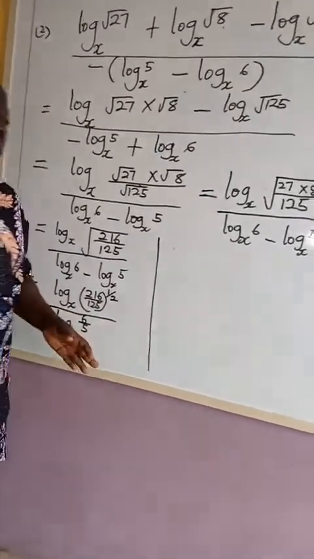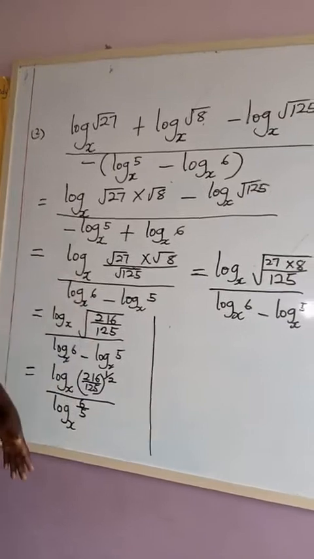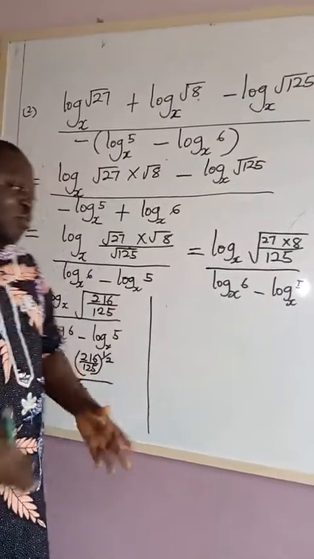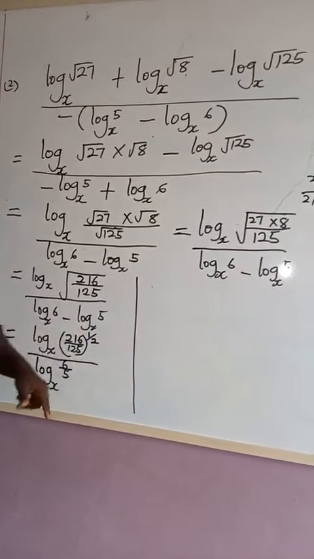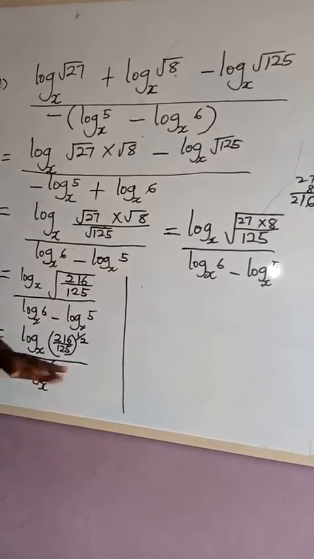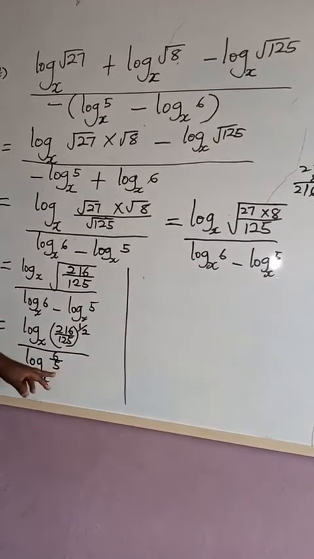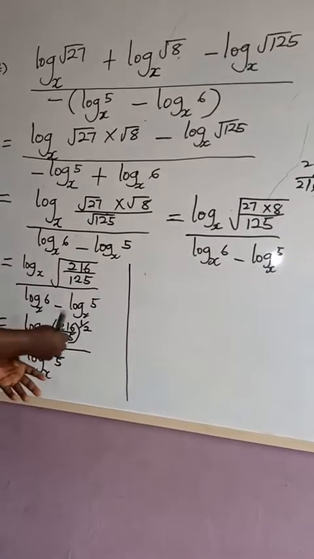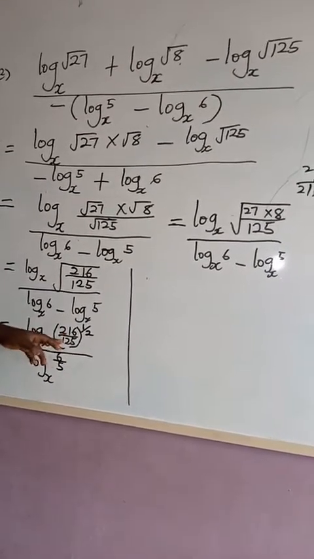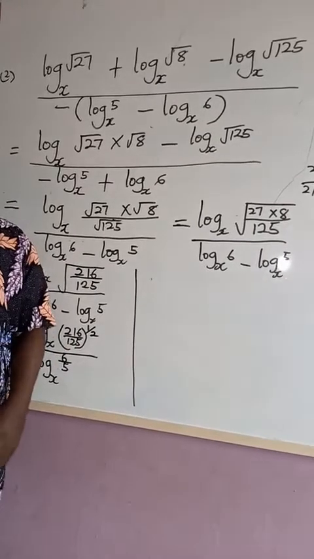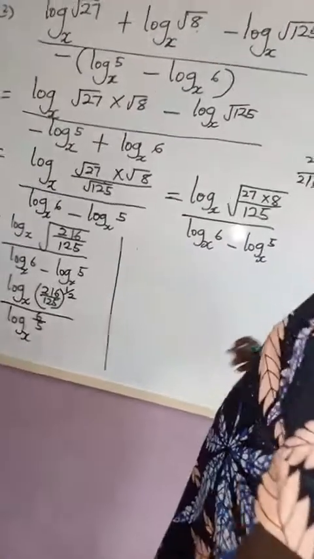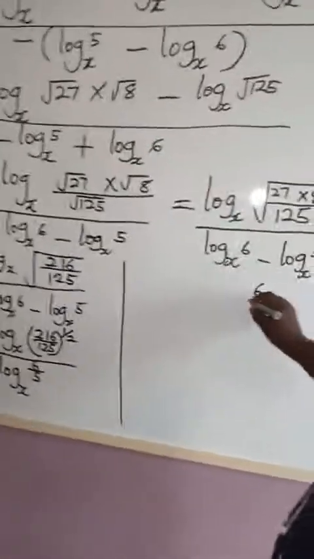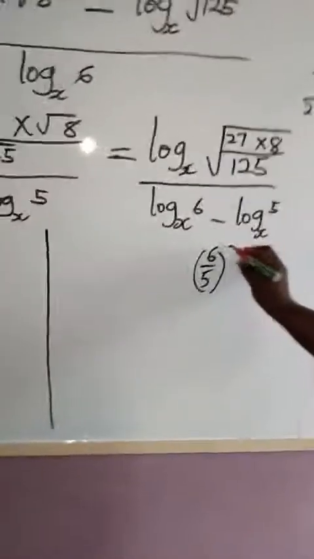Now, according to this, in mathematics, when you want to simplify this, you should be able to think of the way you can divide either numerator by denominator or denominator by the numerator. There is a pattern we have here, 6 over 5. So you can now strategize. How can I rewrite this 216 over 125 in terms of 6 over 5? We can just say 216 over 125 is the same thing as 6 over 5 raised to power 3.